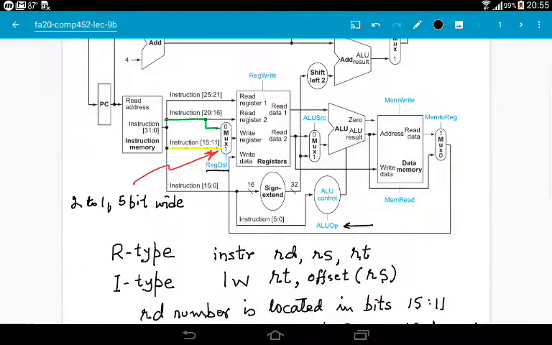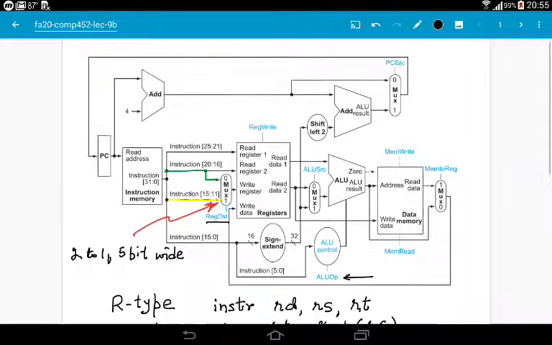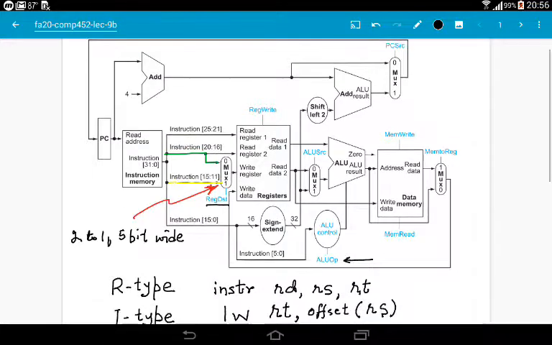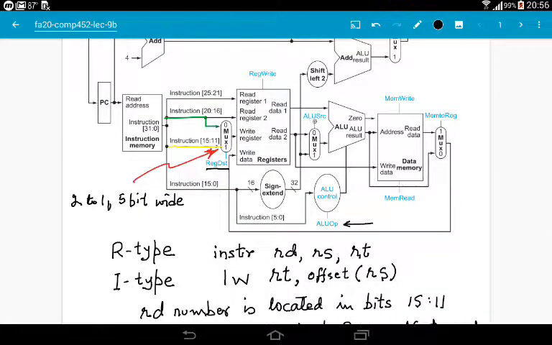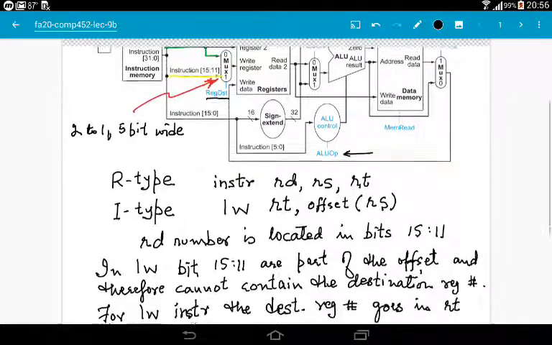Okay, so now we have clarified this, so let's quickly talk about the other multiplexer select lines. The next multiplexer select line is ALU source.